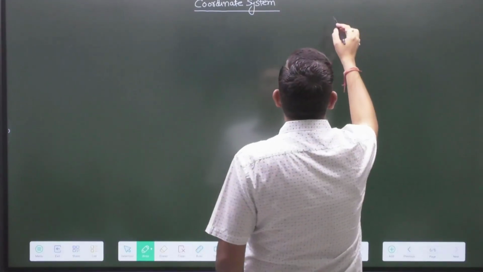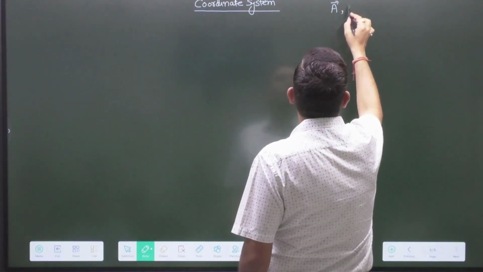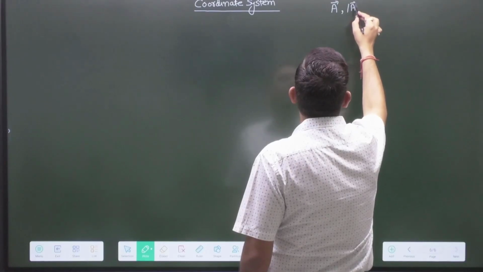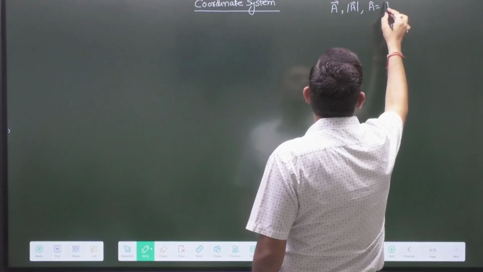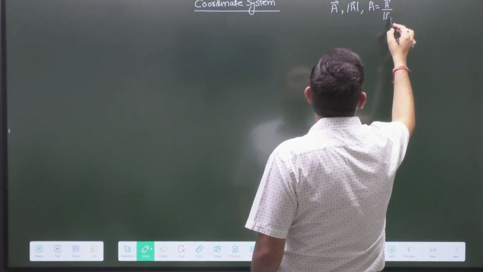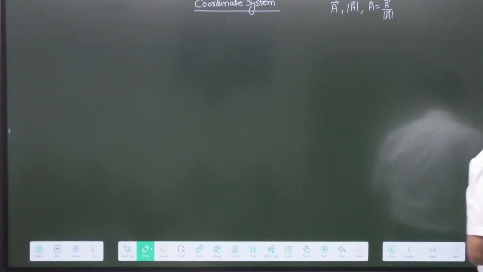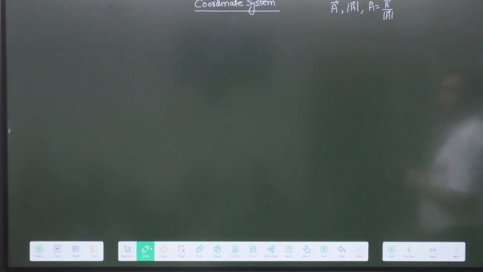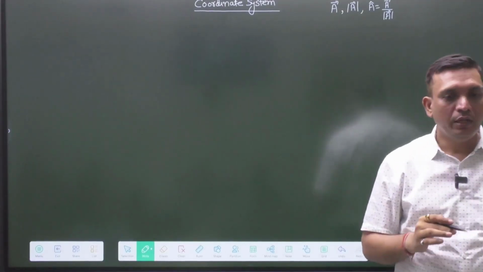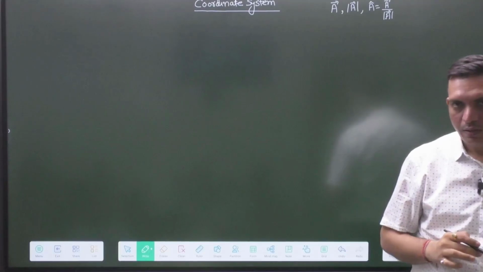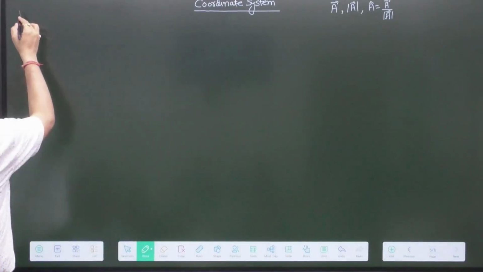So till now I have represented vector A by this symbol only, magnitude by mod A and direction by A cap. But if you want to represent this vector, you need a coordinate system. So we have three coordinate systems. First is Cartesian coordinates.